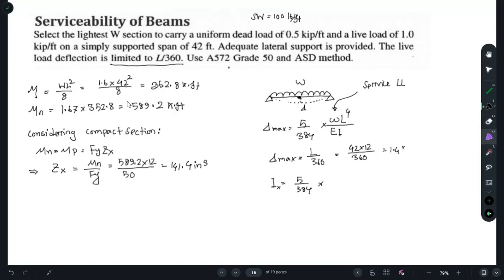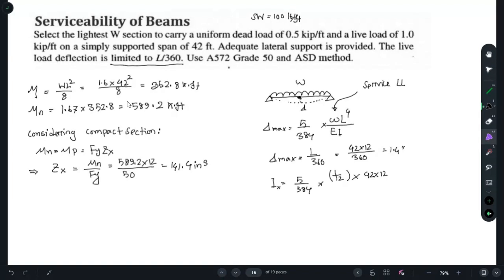In this case, the live load is 1 kip per feet. We'll convert it to kip per inch because we want to know the moment of inertia in terms of inch to the power 4. So this is the W, and you have a length of 42.